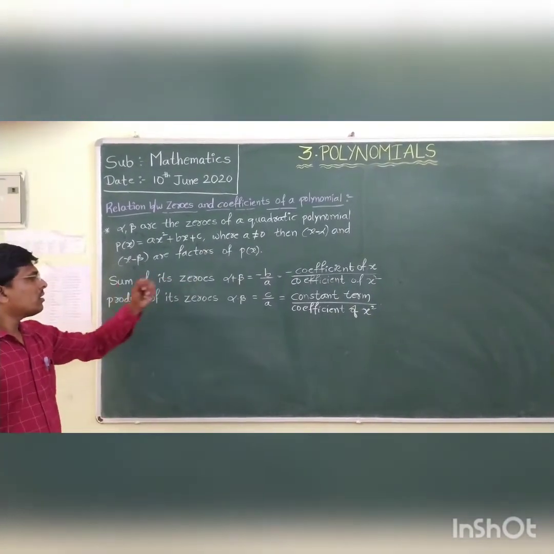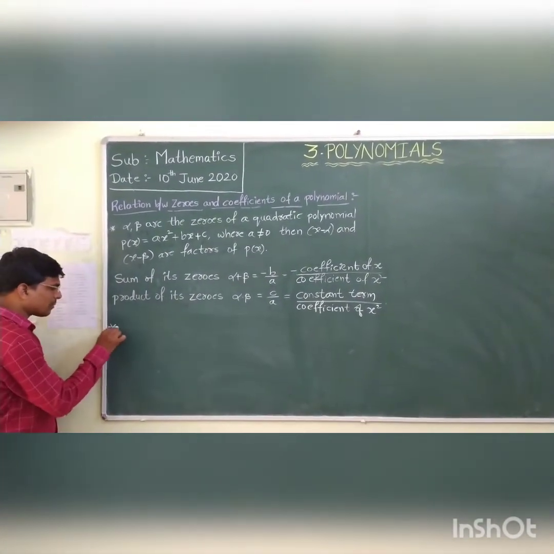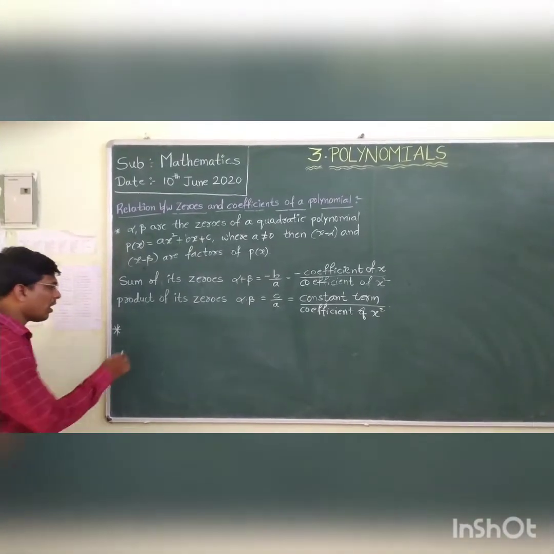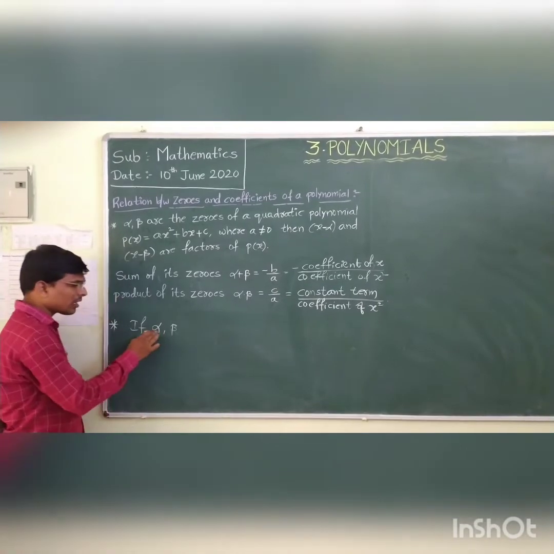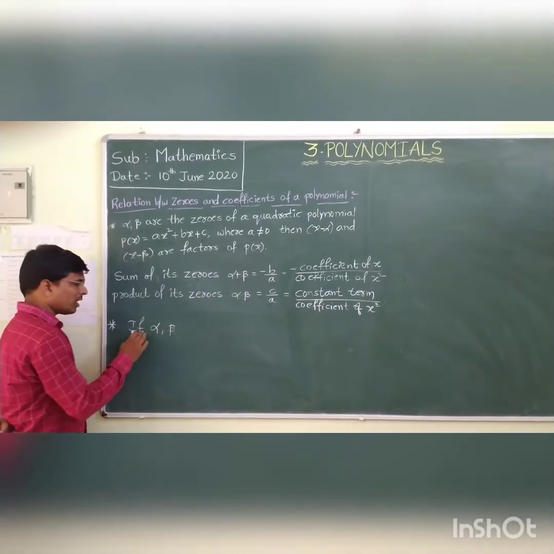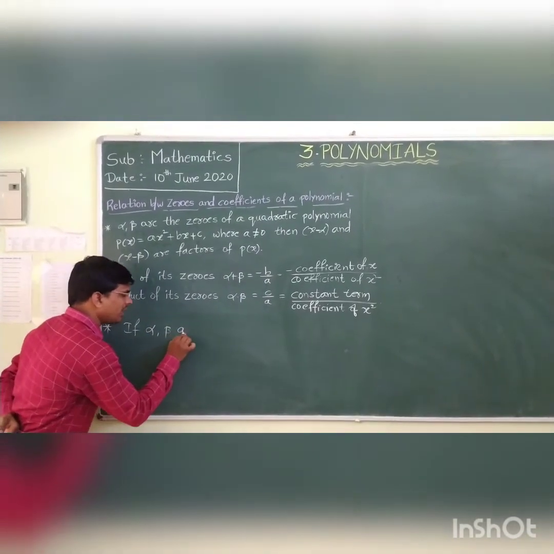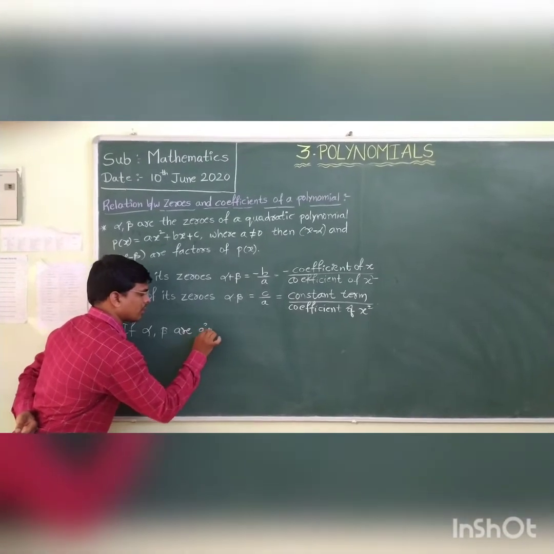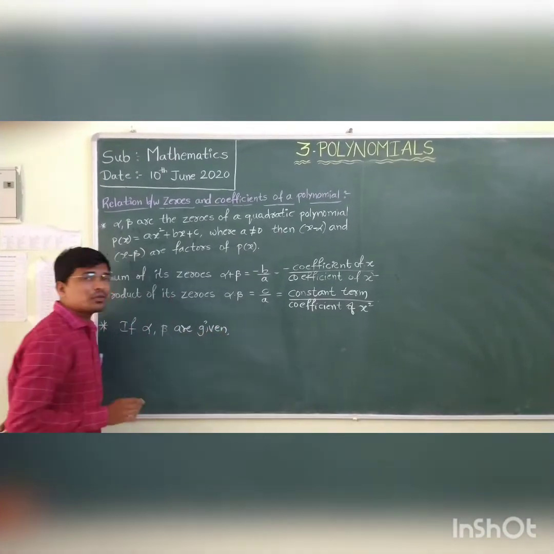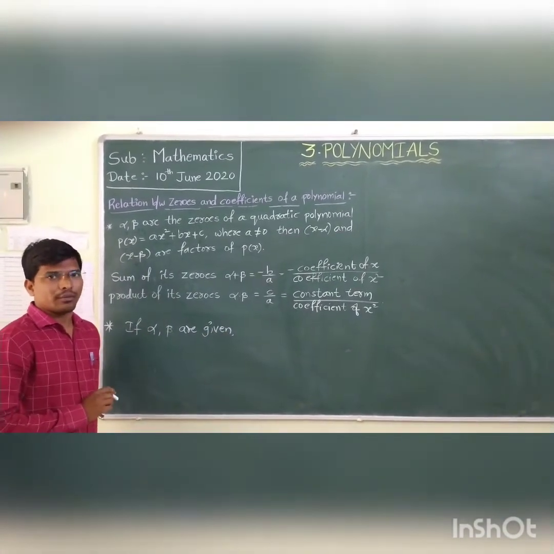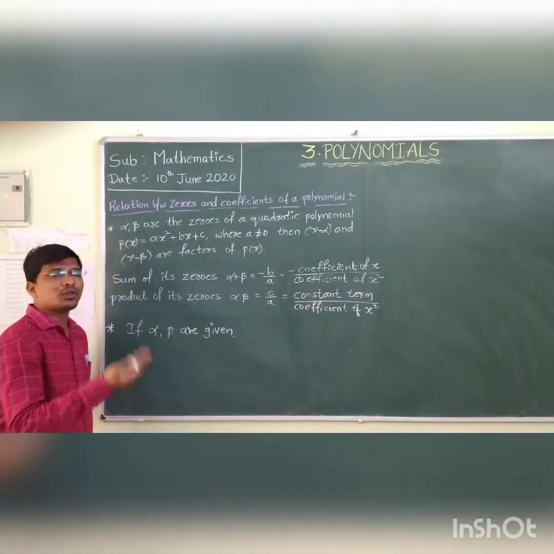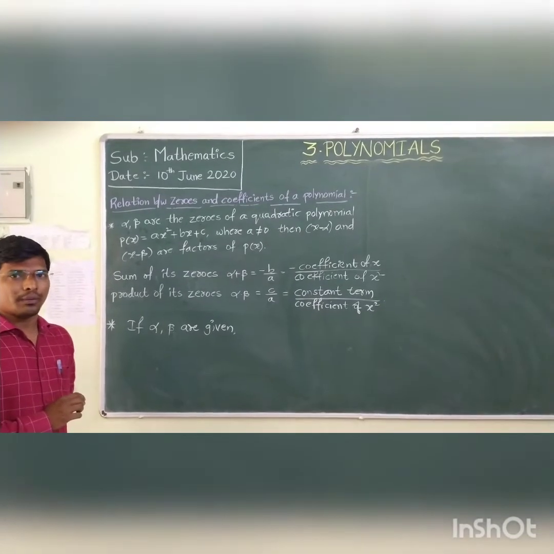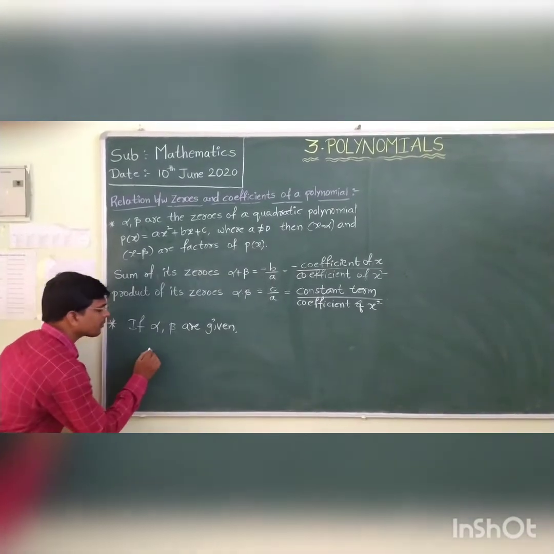Okay. In this one we have one more subtopic. If alpha comma beta, what are alpha comma beta? Zeros. If alpha comma beta are given, we have to form a quadratic polynomial. How will it be?